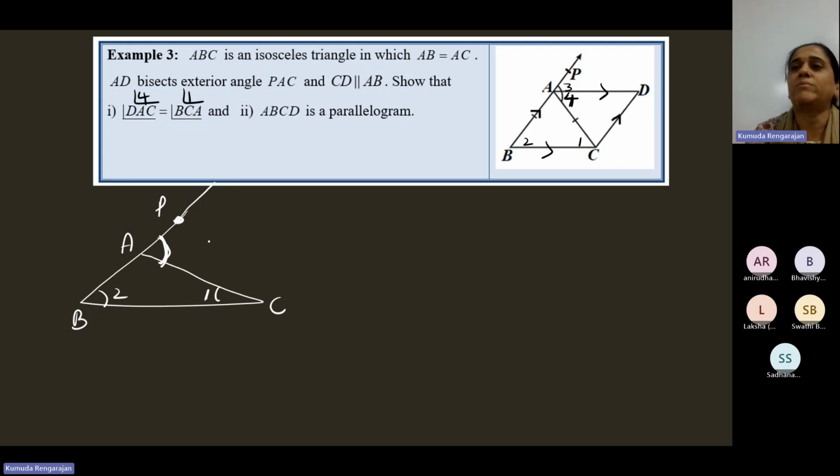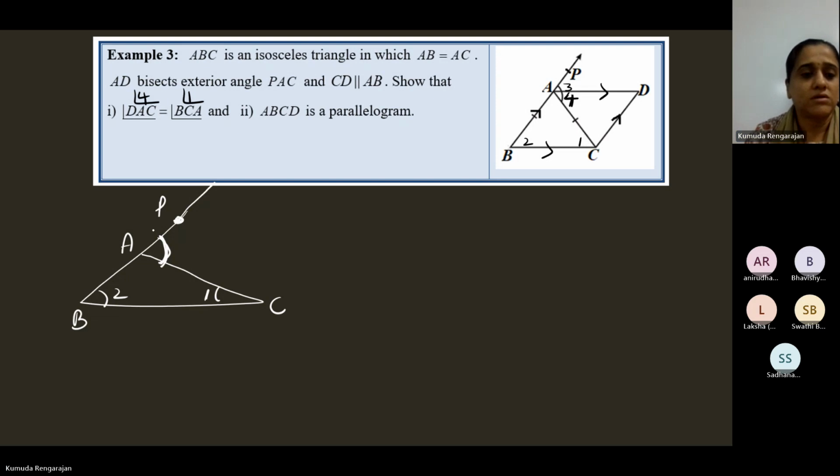Correct? Repeat the property, Sahana. Next, Niveda. Louder. Repeat. Interior opposite angles, right? Okay.